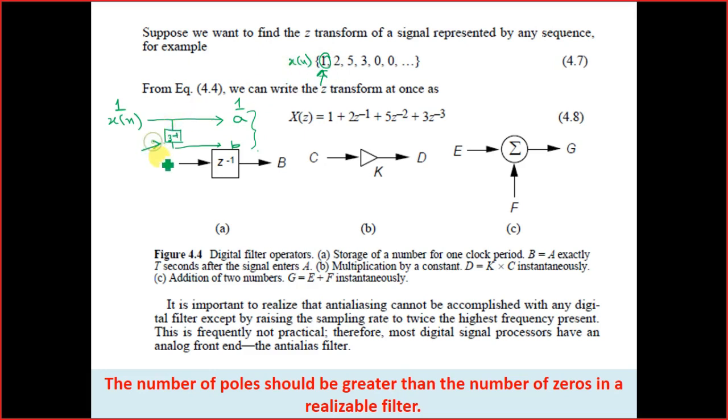So the delay would have nothing in store, so it would give us a value of 0. When I go to the next instance, I am having 2. At this output I will get 2. However, at B, what will I get? In the previous instance, what was there? 1 was there. So I will get this 1.